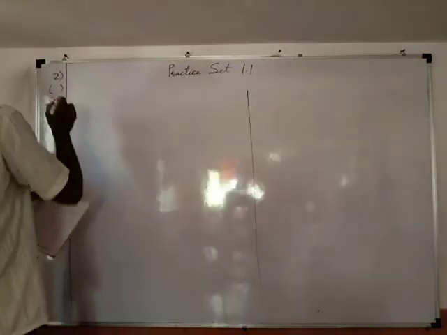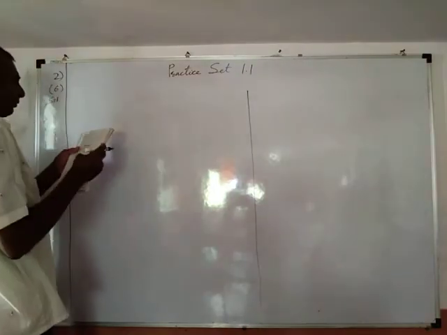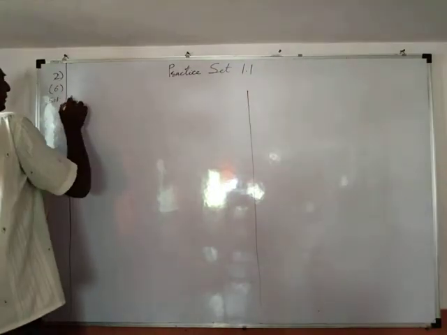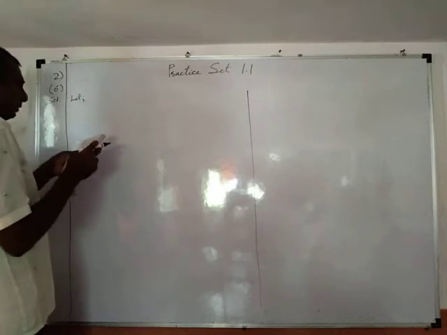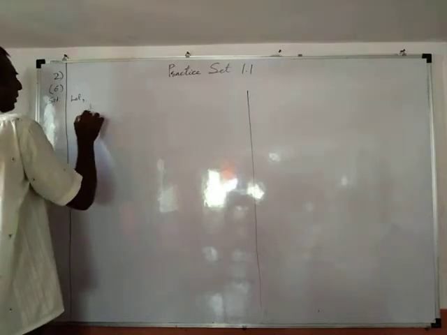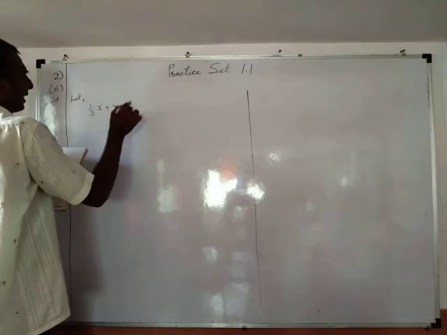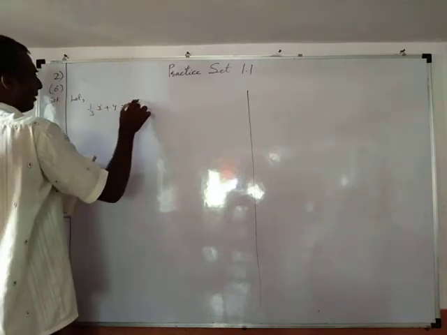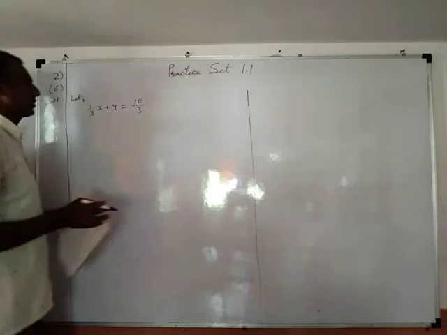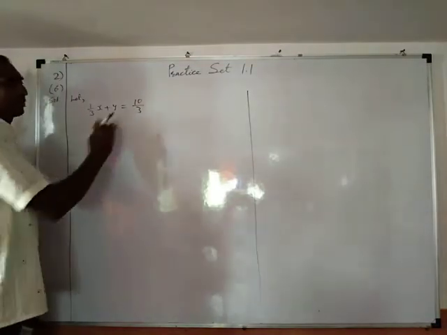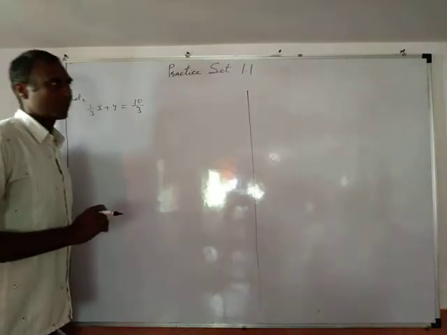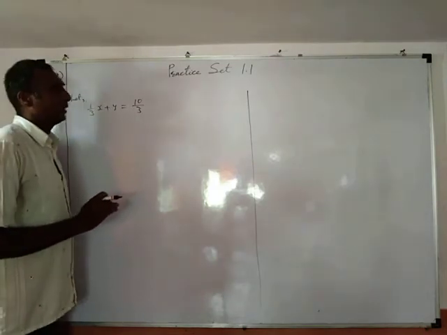Question 6th. Solution. Let 1 upon 3x plus y equals 10 upon 3. Now you know this equation does not have a linear form. That's why let's convert it in linear form.